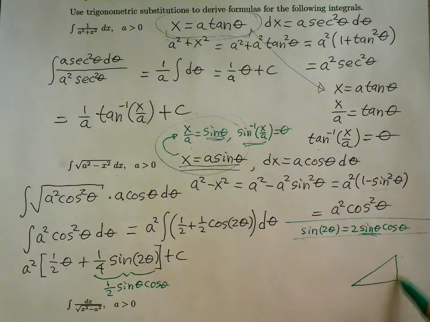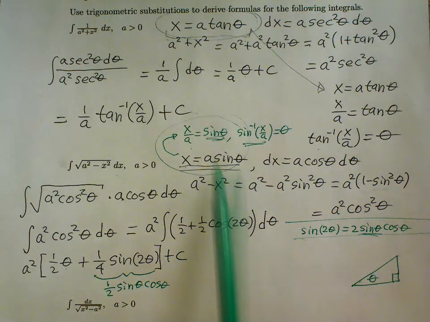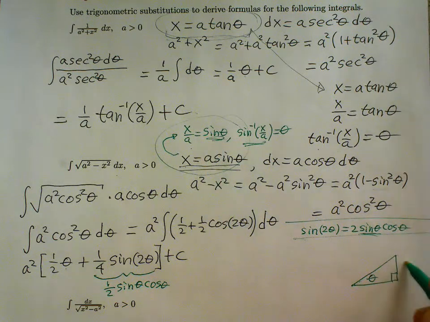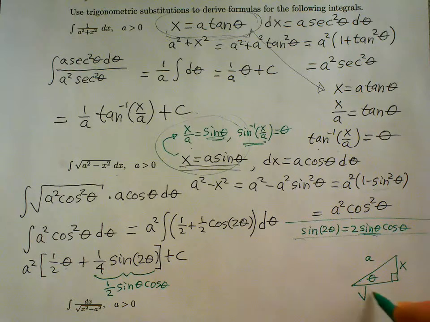If theta is the angle, and if sine of theta is x over a, then using the Pythagorean theorem, the adjacent side to angle theta is the square root of a squared minus x squared. And so cosine of theta is the square root of a squared minus x squared over a.